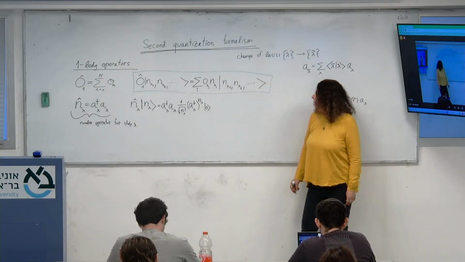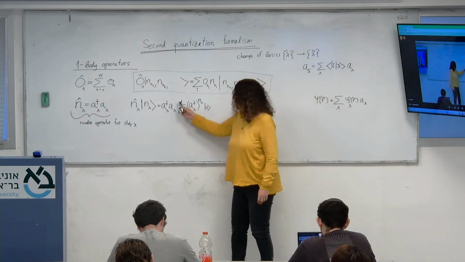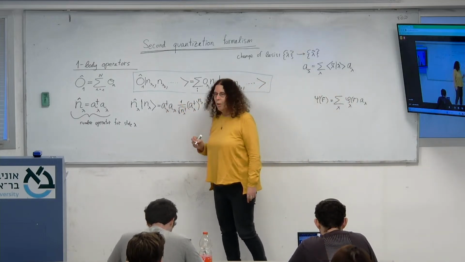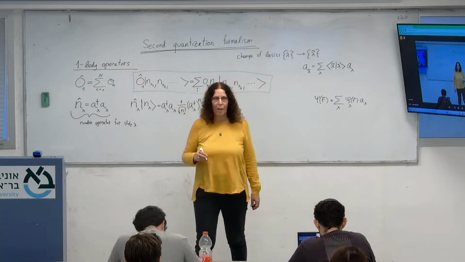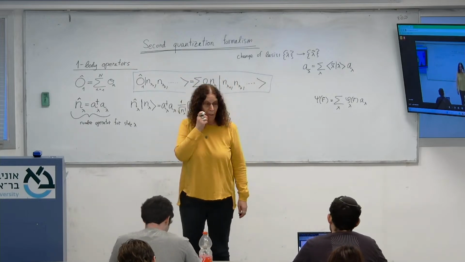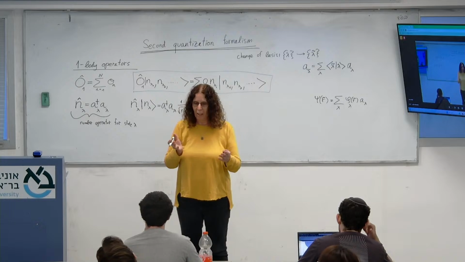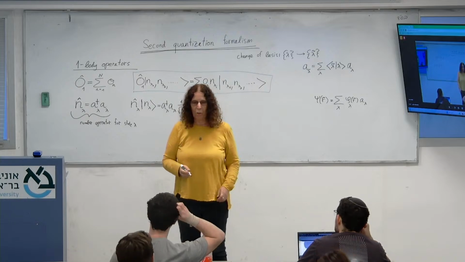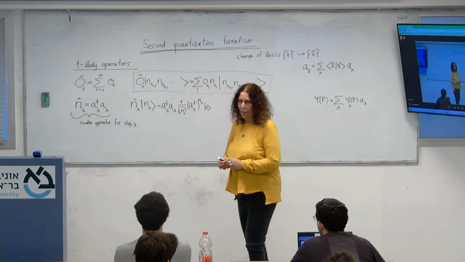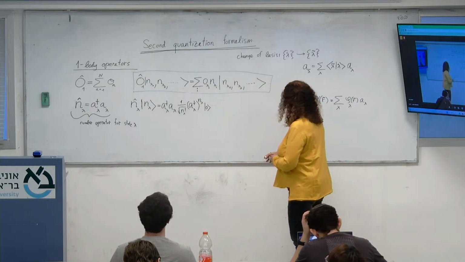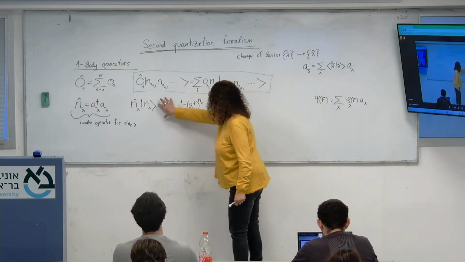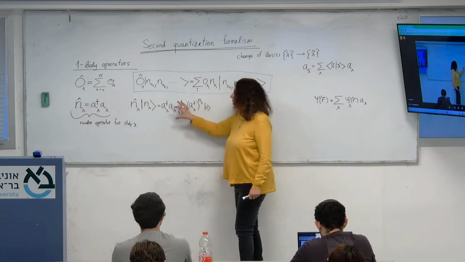Now, this is something that I think you're going to show in your next homework, but I think you have already seen it for the harmonic oscillator, even in your undergraduate. What do I get when I apply it? First of all, how do I deal with it?